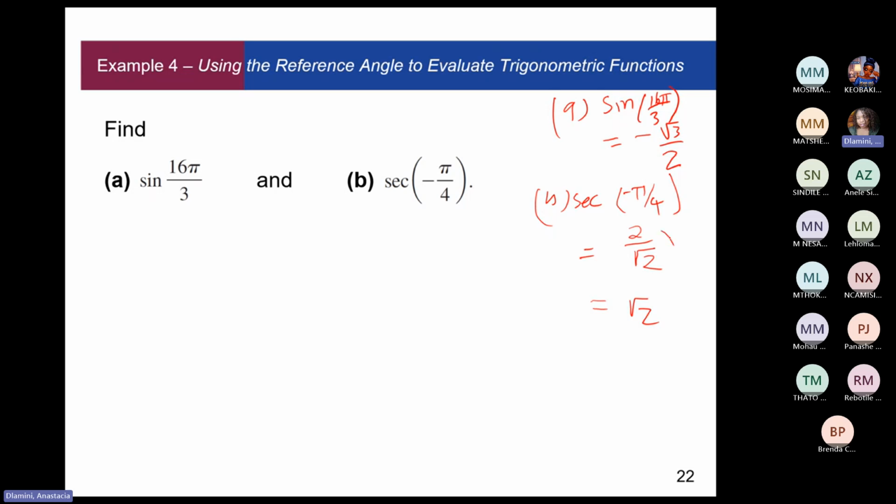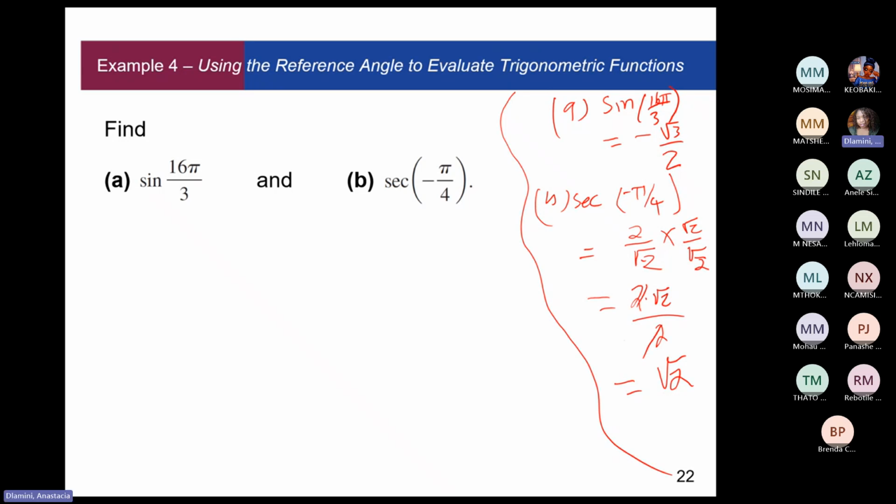It's because when you rationalize, you say times root 2 over root 2. So this will be 2 times root 2 over root 2 times root 2. That's 2, so this 2 cancels that 2, and then you remain with root 2. Are we all together? Yes, ma'am. So let's see if we are right.